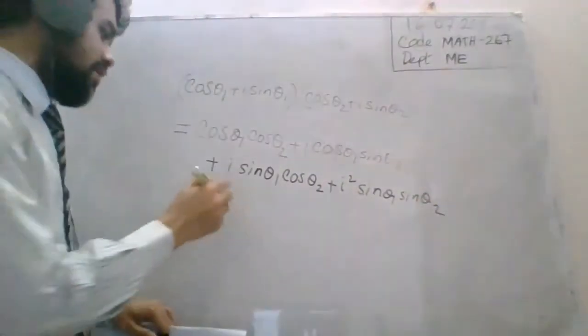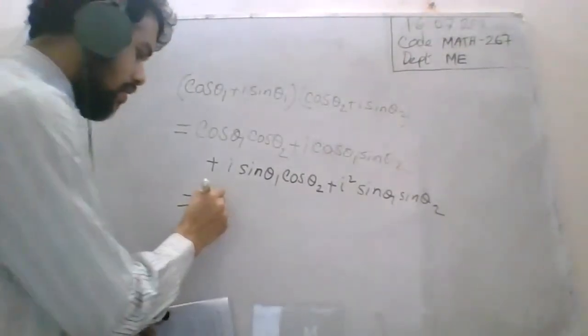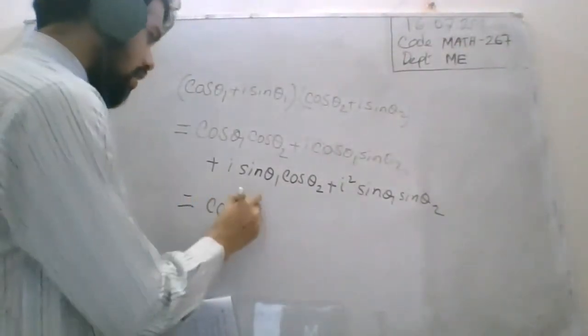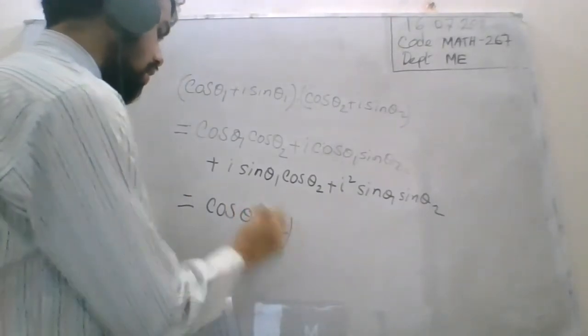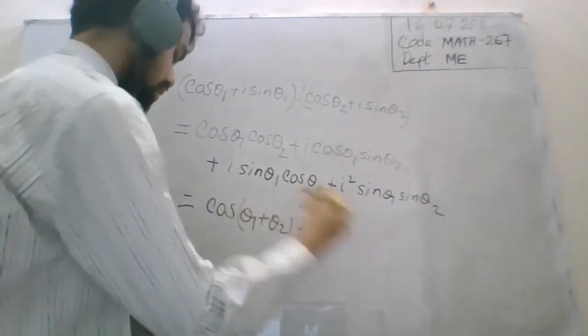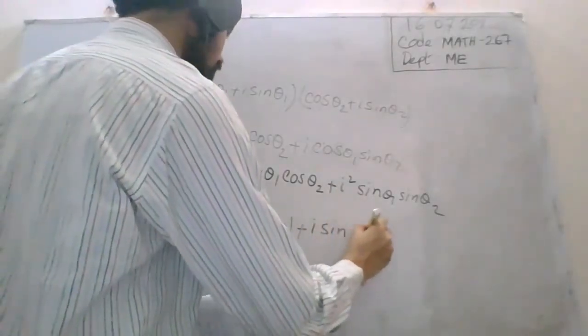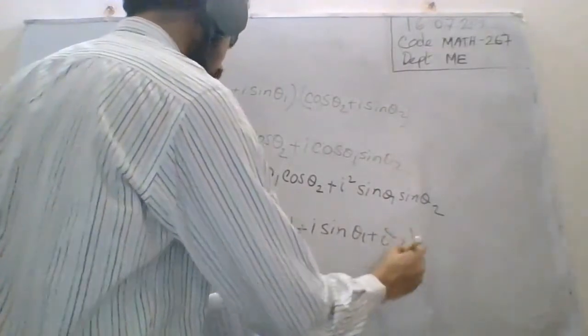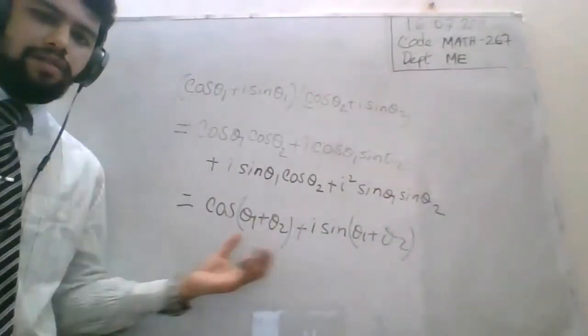After simplifying it, we get cos (theta 1 plus theta 2) plus i sin (theta 1 plus theta 2). Can you get it?